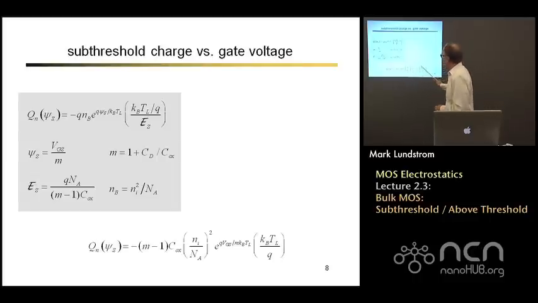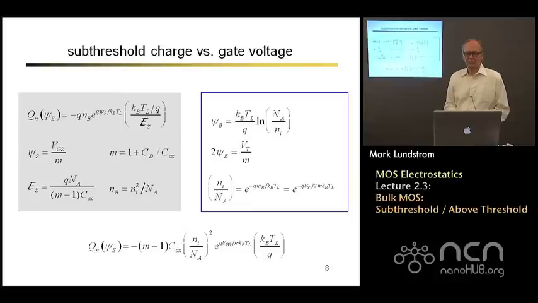So if we write down our expression and we express the surface potential in terms of the gate voltage, we had what we had before. If we express the electric field in terms of these parameters, we can write the expression like that. And we almost then have the expression in the form that we want. Just a little more algebra and then we're there.